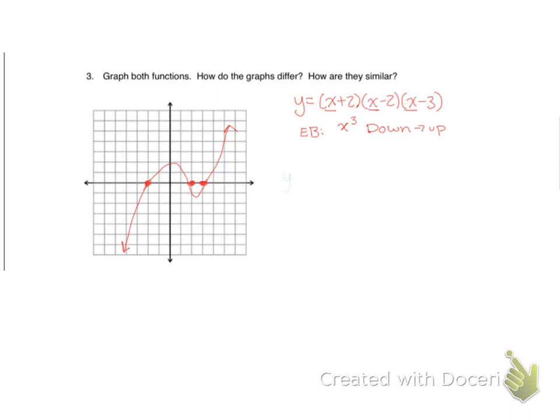Your second function here, oh, you can barely see that color. Let's get a darker blue. Was y is equal to x plus 2 squared times x minus 2 times x minus 3.